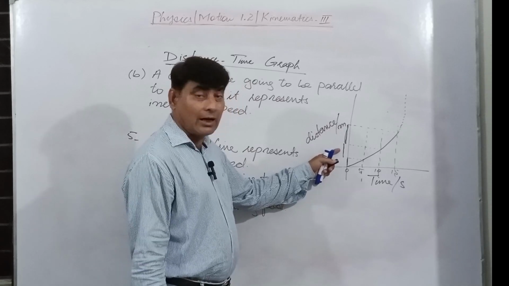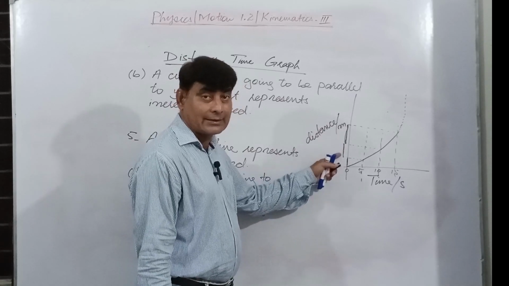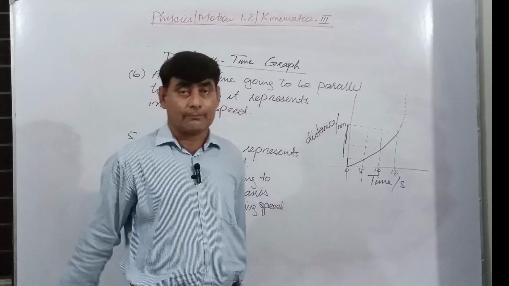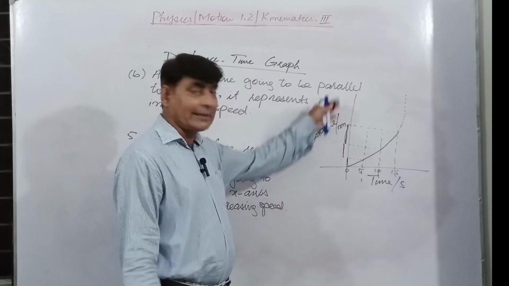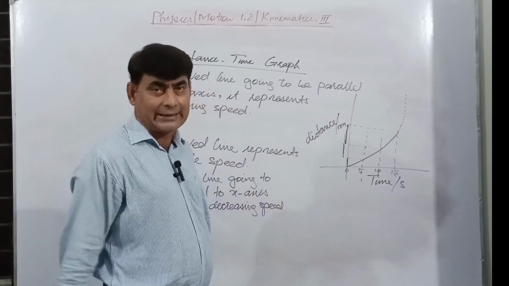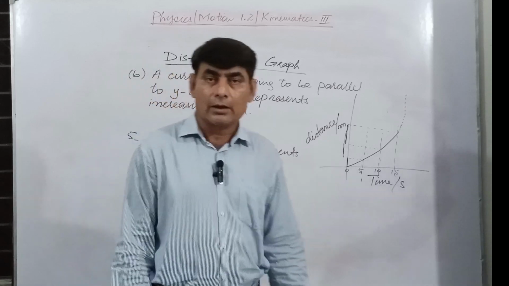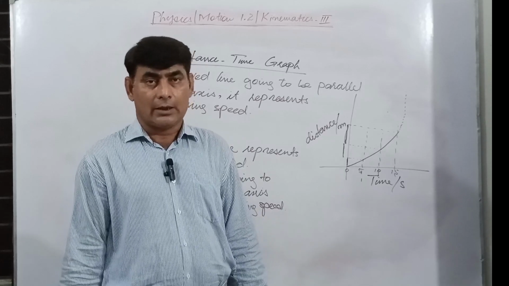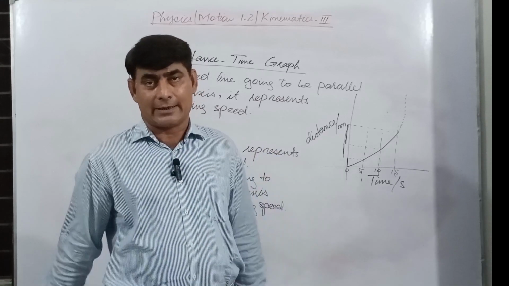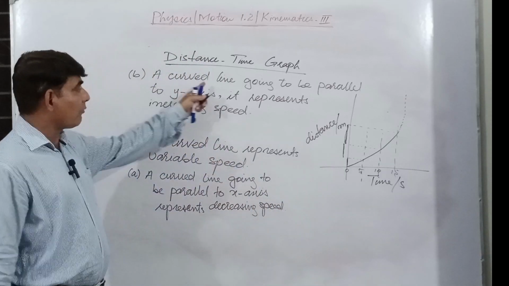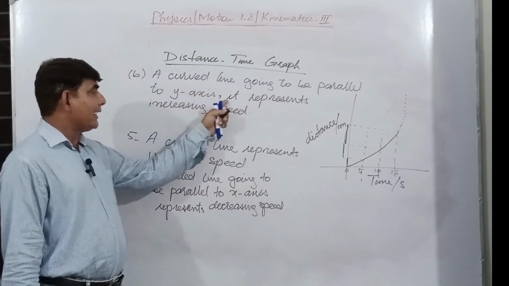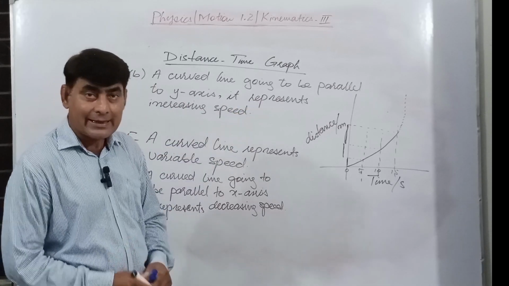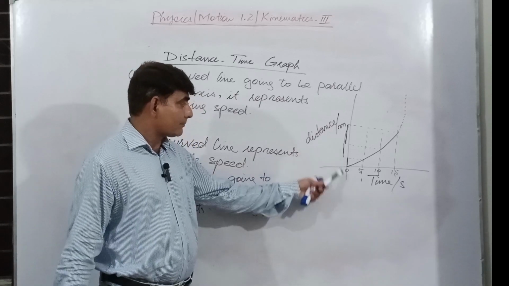So a larger distance is covered in equal intervals of time. When the distances are increasing for the same interval of time, the object becomes speedy. The moving object increases its speed. So a curved line going to be parallel to y-axis represents increasing speed.